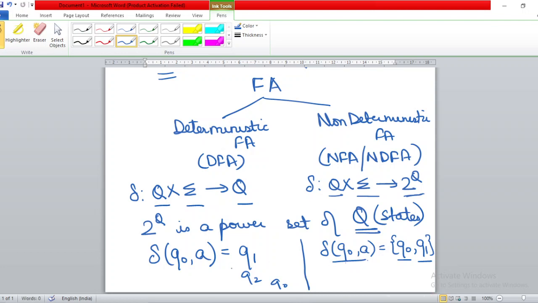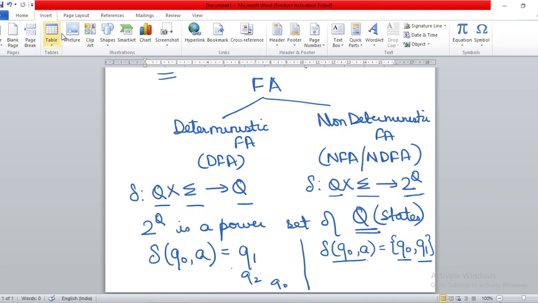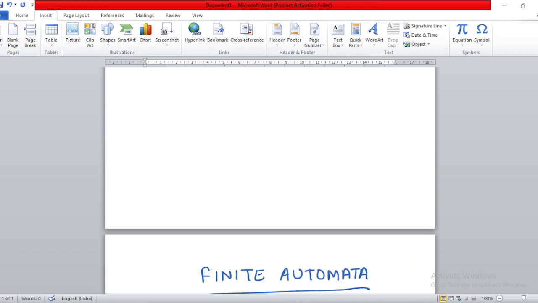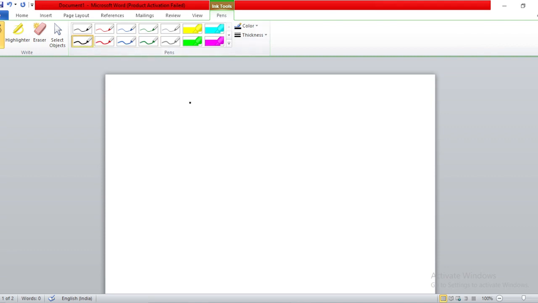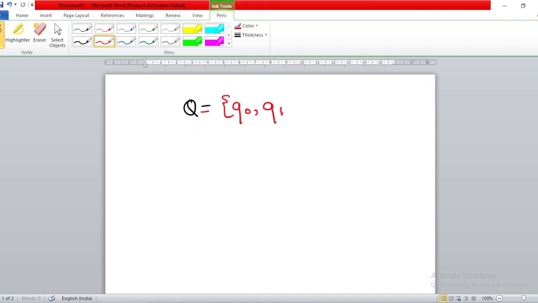Alright, now how do we find out 2 to the power Q? Supposing you have capital Q as a set of states in which you have states q0 and q1.